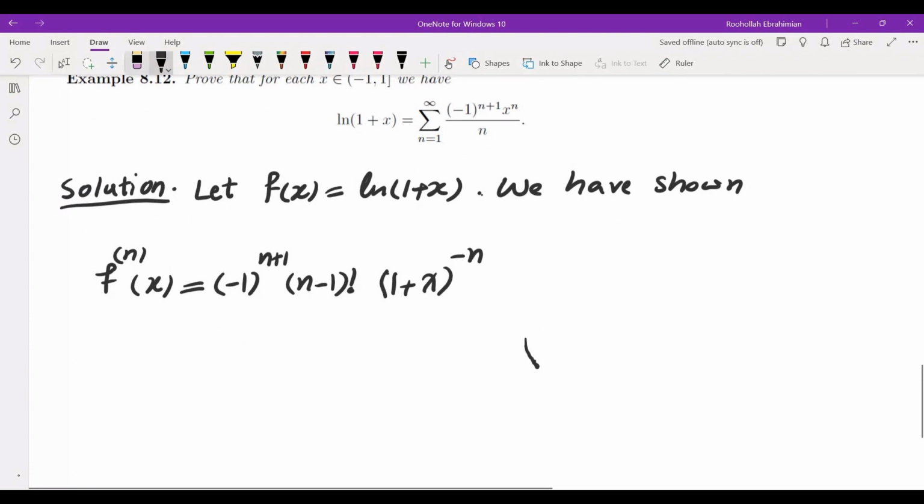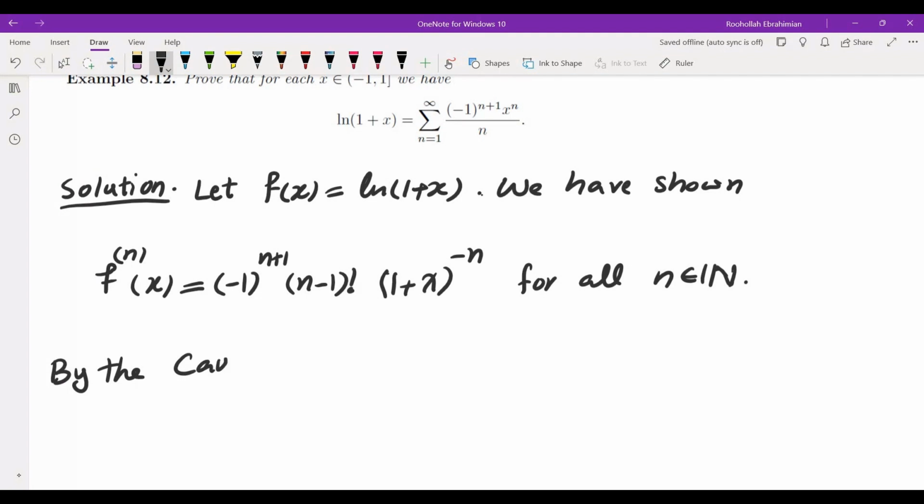So this is something we have done before. So we're going to take this and we are going to apply the Cauchy integral remainder theorem.